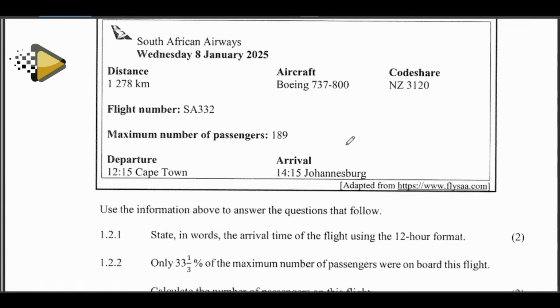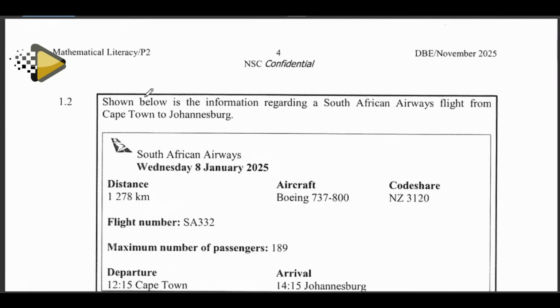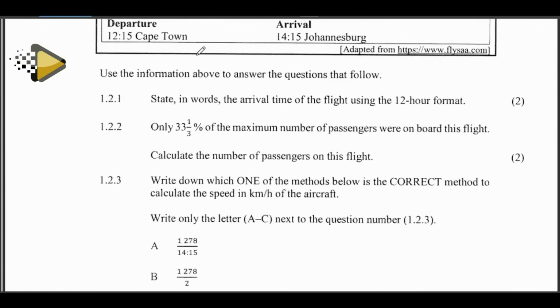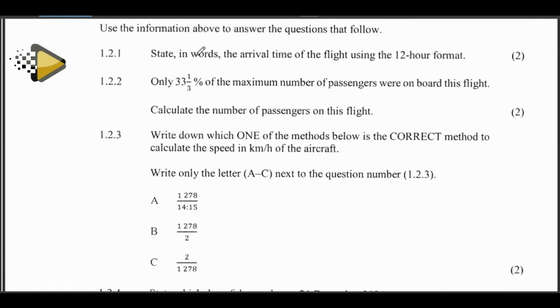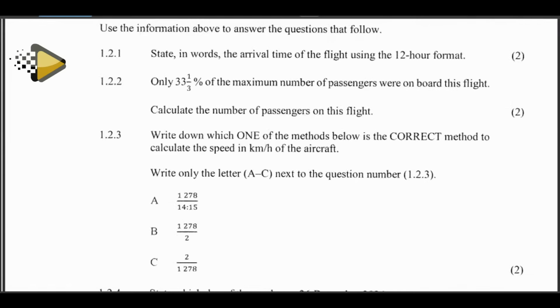And that's how it's written. So the questions are here. State in words the arrival time of the flight using the 12-hour format. So the arrival time, it's here, which is 2:15 in the afternoon.